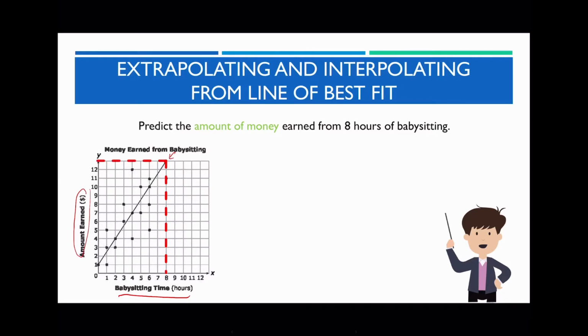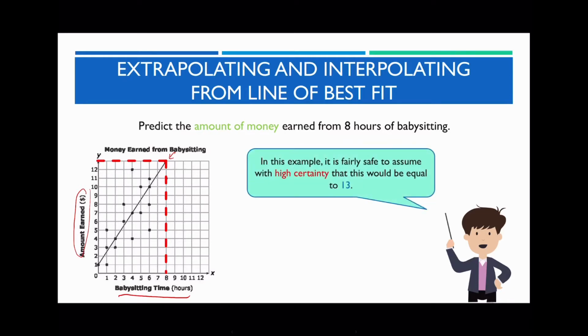In this case, I can assume the amount I've earned is going to be equal to $13, because this exactly crosses over at this particular point, and I can say with high certainty because it crosses over this point that it is equal to 13. However, some of the examples that you're going to be looking at are more ambiguous than that, and it's probably going to be a lot harder to make a formal judgment.